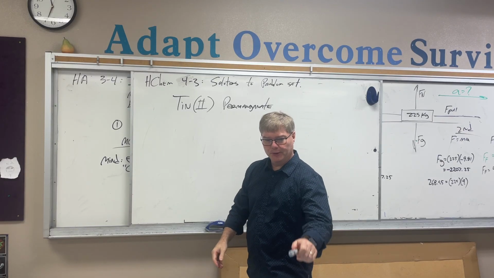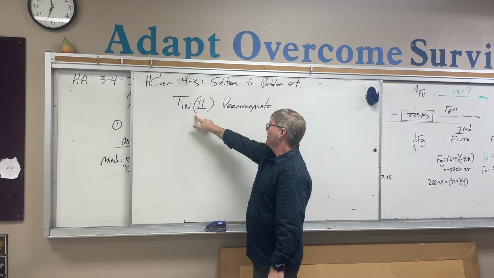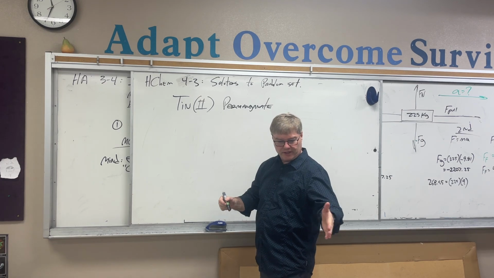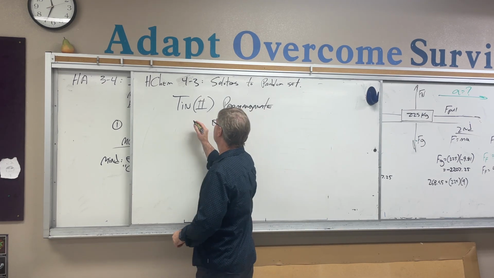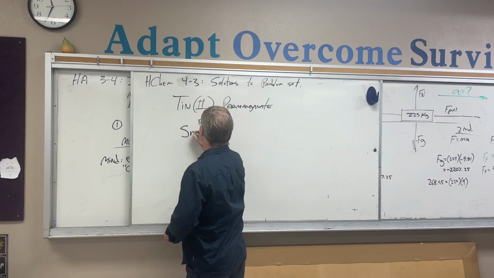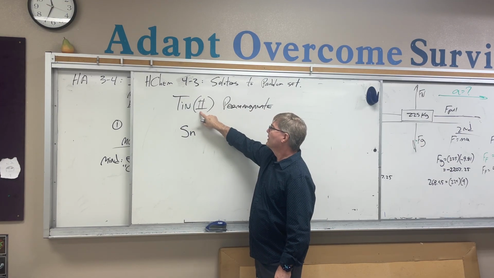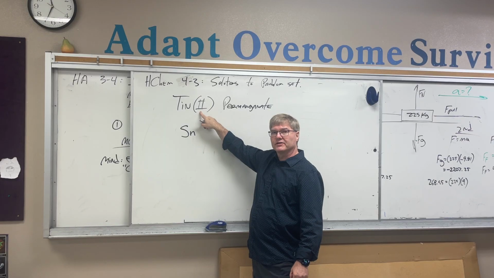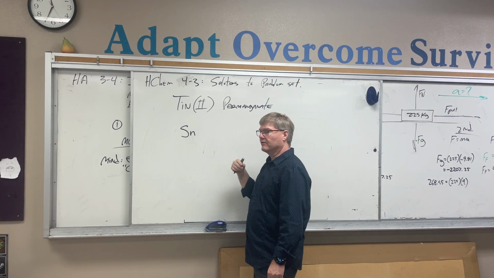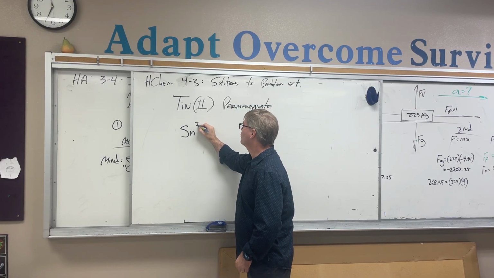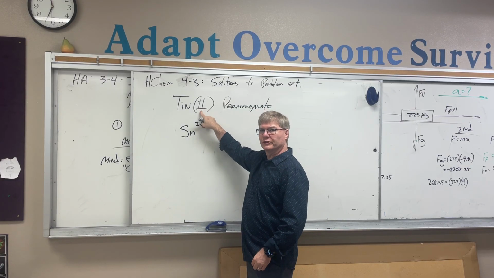Okay, so step 1, that's the positive ion. I'm going to go hunt for it in the positive ion list, and when I do, I find that tin is Sn, and it is a 2 positive. This is one of those elements that takes multiple charges, and therefore I have to tell you which one it is. And so it is a 2 positive because that's a Roman numeral 2.